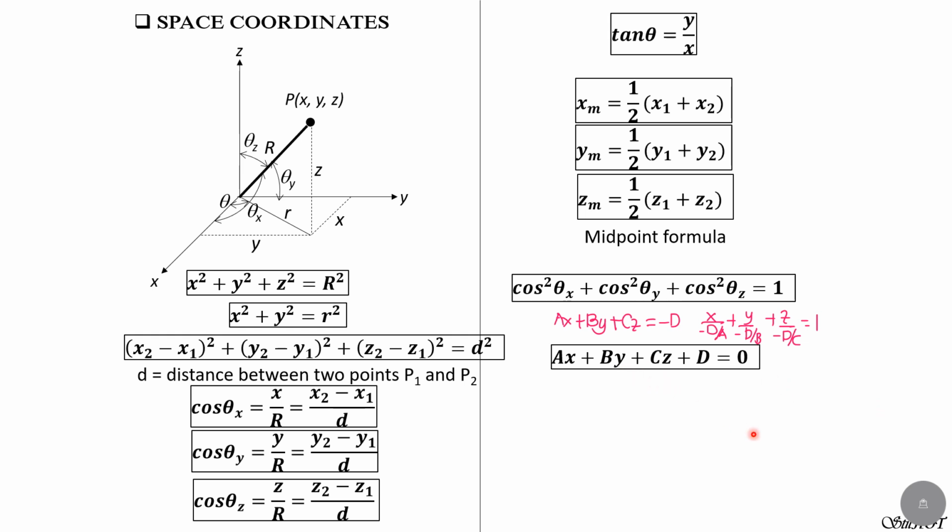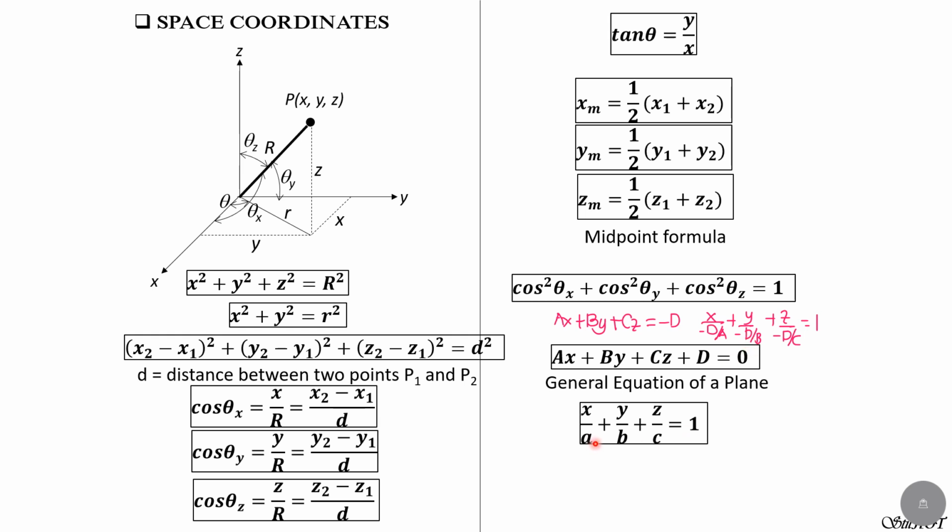what we call the intercept form of the equation of a plane, which is important in sketching the graph of a plane. So that would be x over x-intercept plus y over y-intercept plus z over z-intercept equals 1.